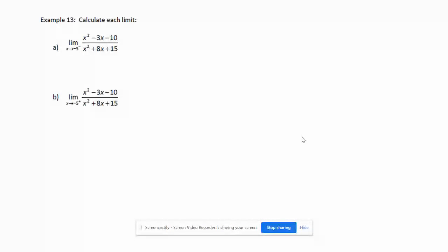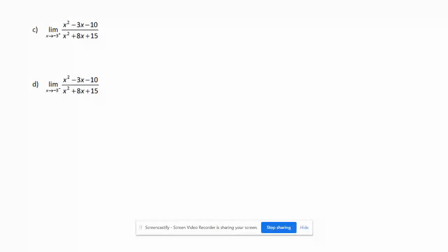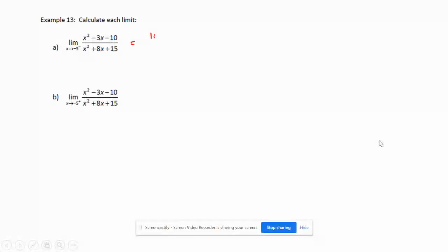All right, so we're going to calculate each limit over here. So for this function, I'm just going to factor everything I can here. Of course, my pen's not working anymore.